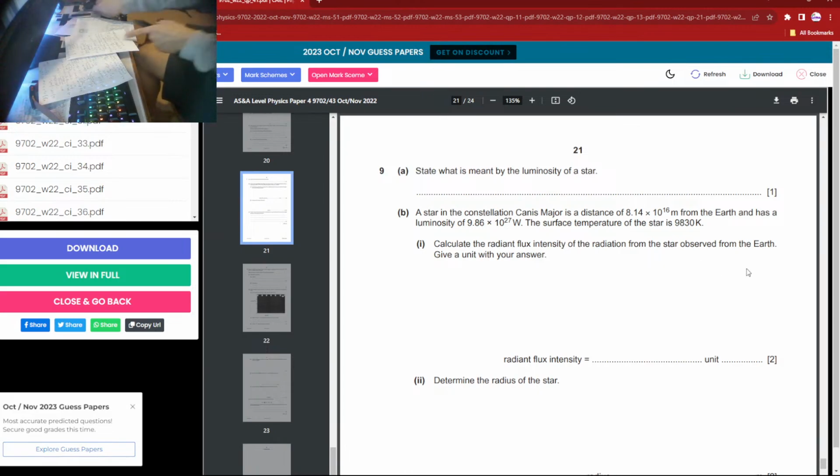Yep, so from here you find r squared. R would be equal to the root of 9.86 times 10 to the power of 27 over 4 pi, 5.67 times 10 to the power of negative 8, times 9830.